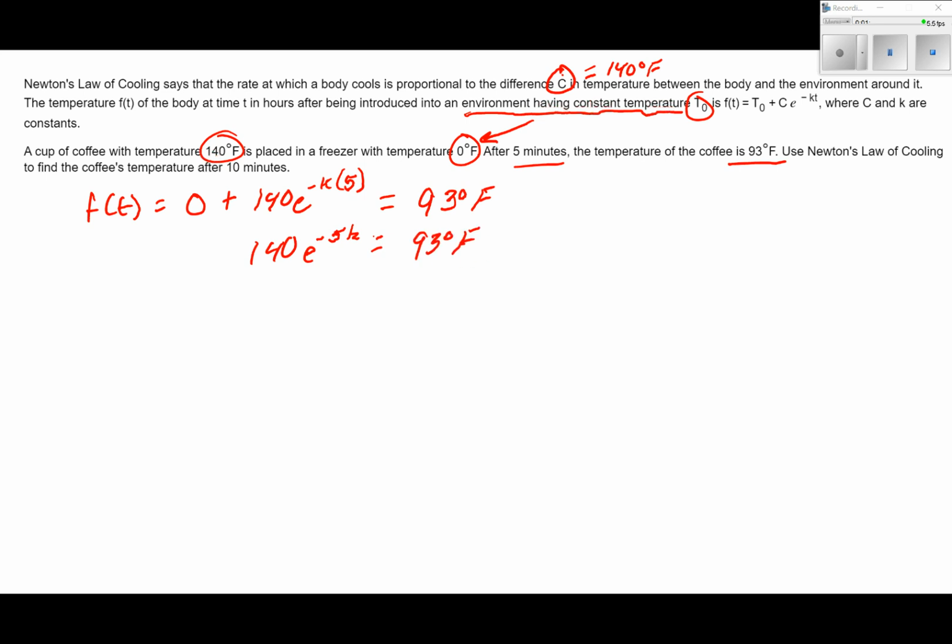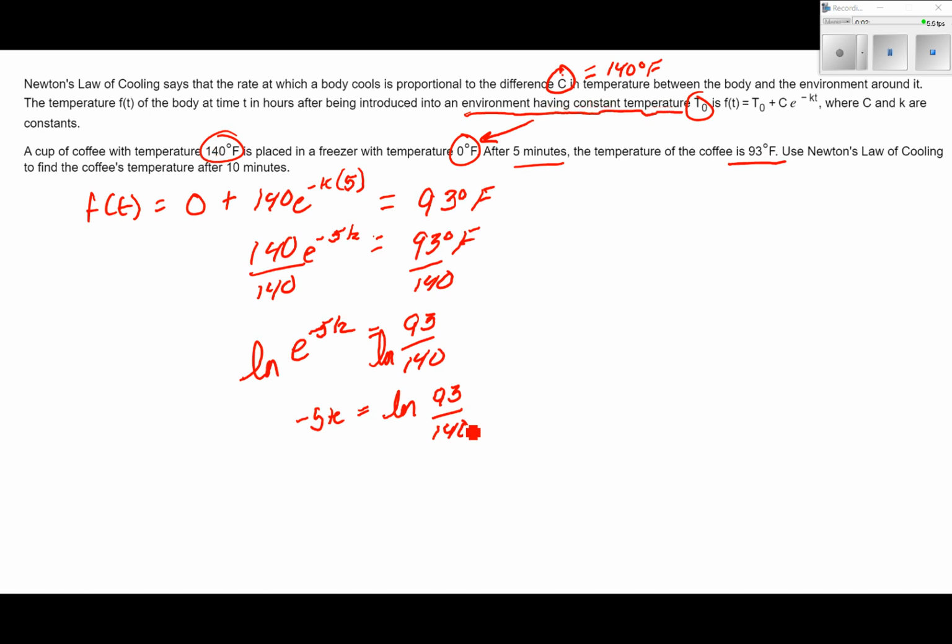To solve this, we can take the natural log of both sides. Well, first off, let's divide the 140 out. So now I just have e to the negative 5k equals 93 over 140. Take the natural log of each side. If I do the natural log of both sides, all this leaves me with is negative 5k equals the natural log of 93 over 140.